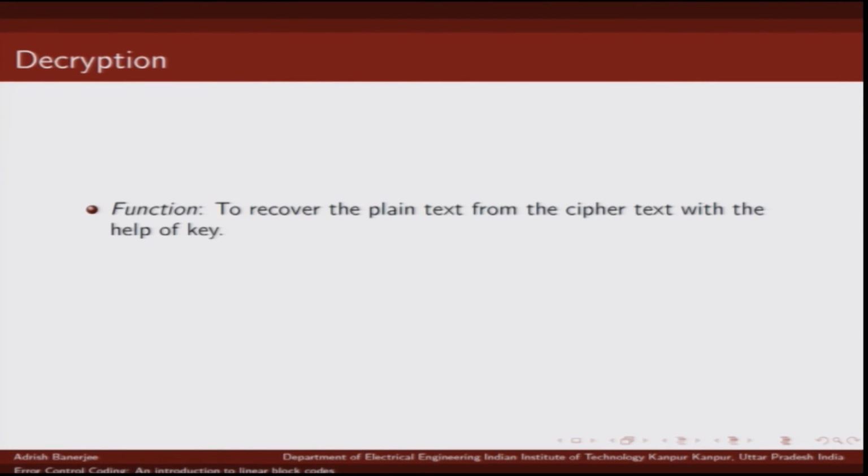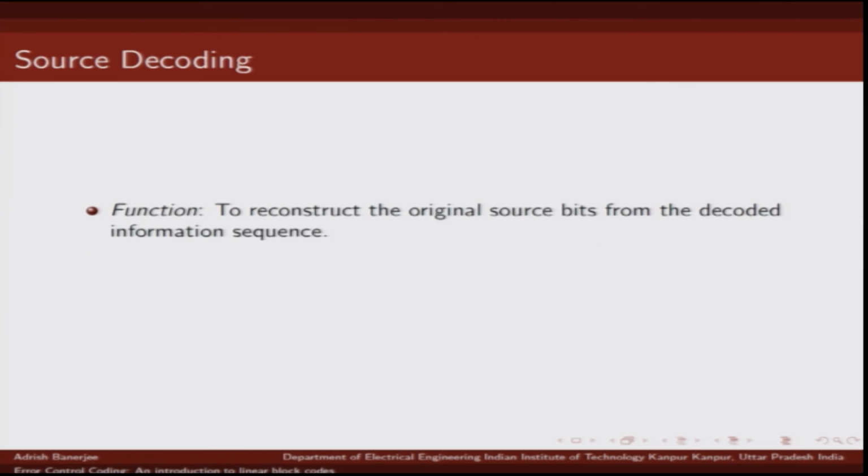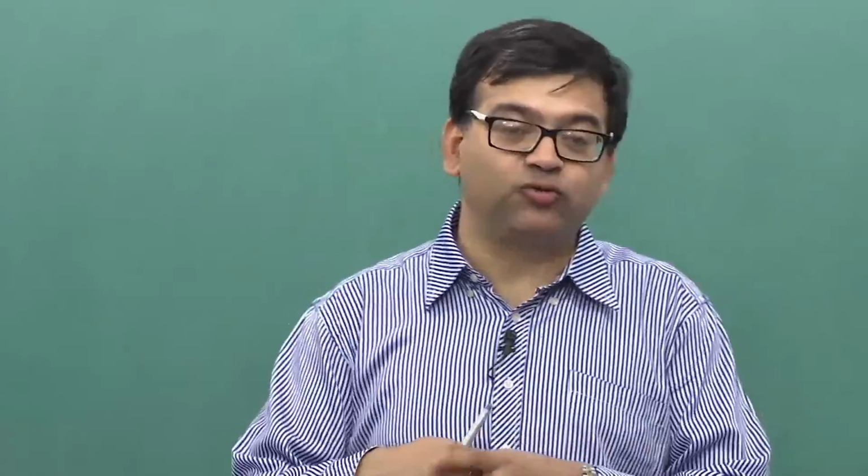After the channel decoder, we have the de-encryption block, and as I said, its objective is to recover the plain text from the cipher text, and essentially the security of the system lies in the key. And finally, we would like to get back our original source, because remember in the source encoder we did data compression, so we have been processing compressed data.